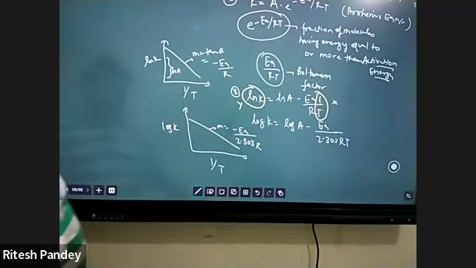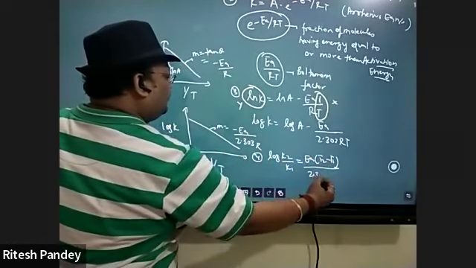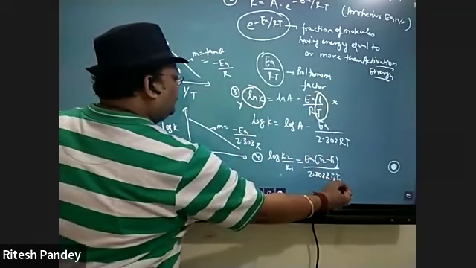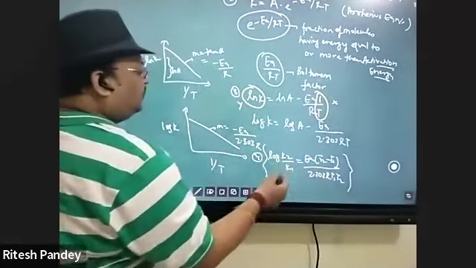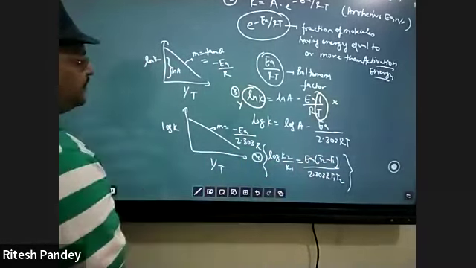For two different temperatures, log K2 by K1 is equal to EA into (T2 minus T1) upon 2.303 R T1 T2. Such an important result. We'll be using it in different questions. I think this is fresh in everybody's mind.